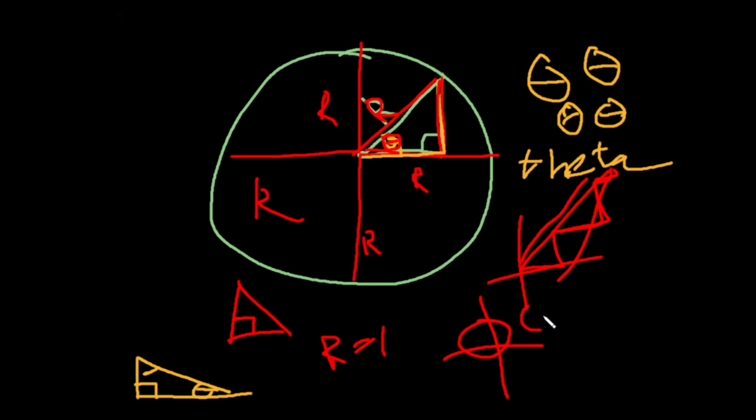you know how in normal graphs it's like x, y. Well, in circles it's cosine and then sine.